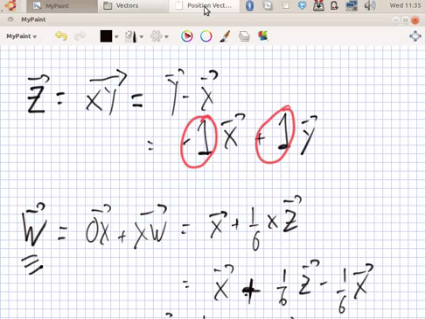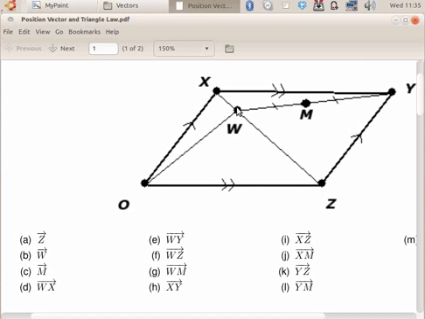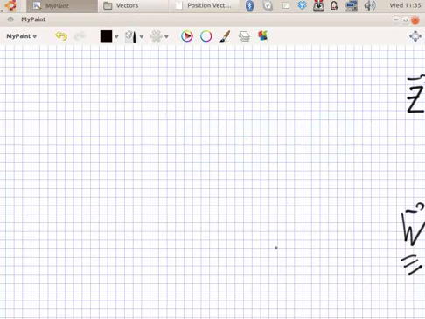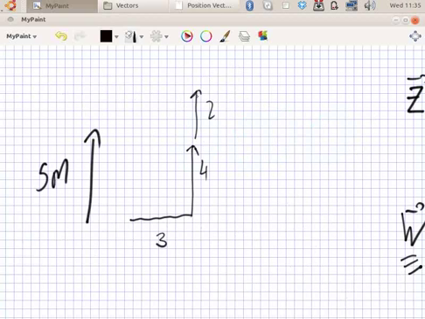So if we go back to the graph, I'm saying OW is the same as going from O to X and then X to W. It's a lot like saying 5 meters north is the same as 3 meters east, 4 meters north, 2 meters north, 1 meter south, and then 3 meters left. It'll get you from the same starting point to the same ending point.